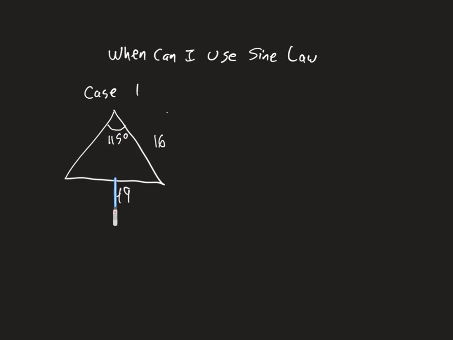See, this 49 belongs to the 115. This angle here would have belonged to the 16. So in the first case, you need to make sure that you have side, angle, side. Okay? And of course, this angle has to belong. Okay? So two sides.